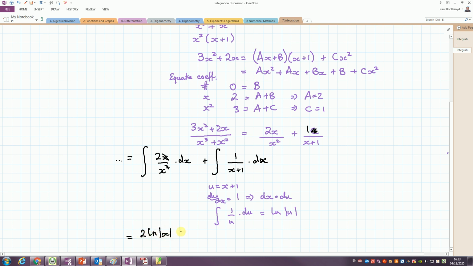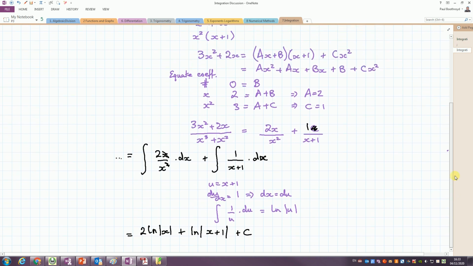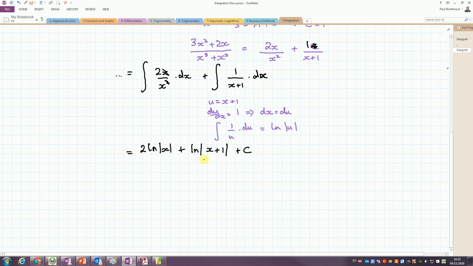Now I need to look at this equation again, and the weird thing is, we're going to go the other way. We're going to complicate this and try to get all our logs into one place. We bring that inside: 2 times a log is the same as the log of the value squared, and that is being added to the log of x plus 1. So we've actually used the power rule here.